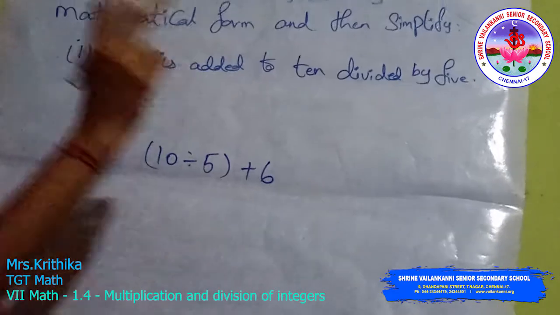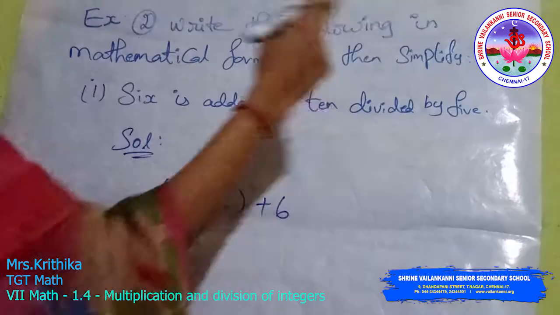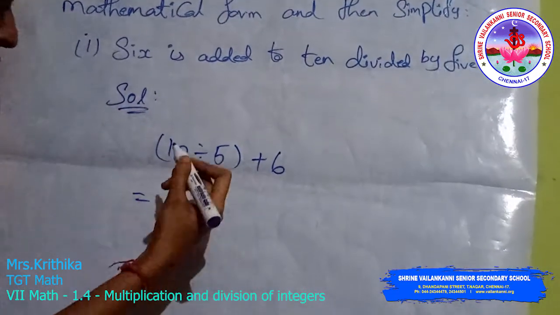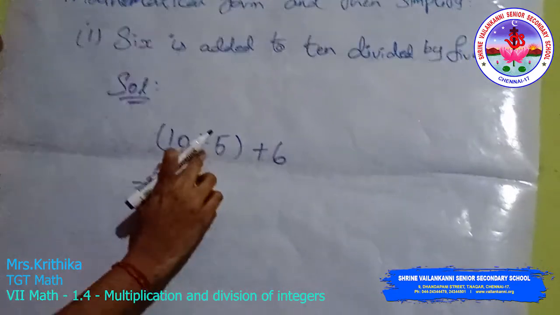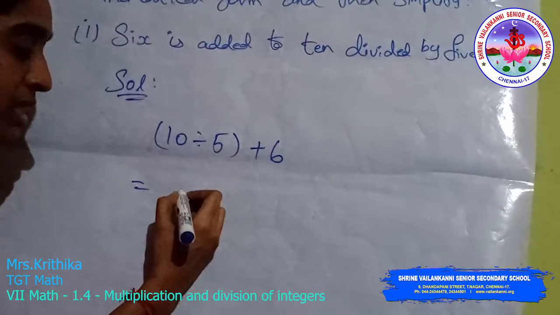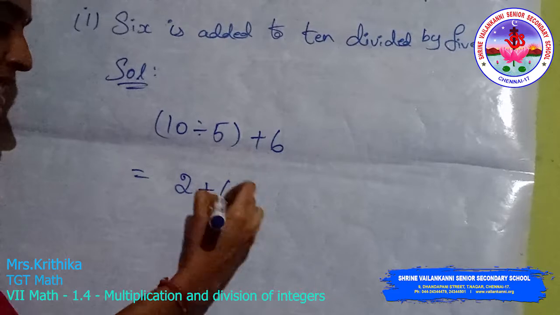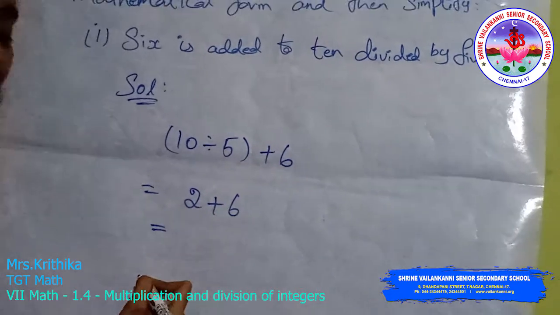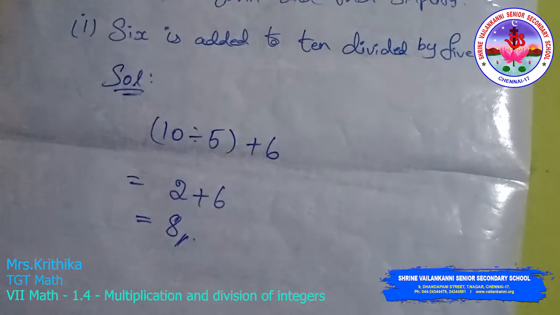This is the expression. Form a mathematical expression and then simplify. The first priority goes to the brackets. 10 divided by 5, the value is 2. 2 plus 6 is 8. 8 is the answer.